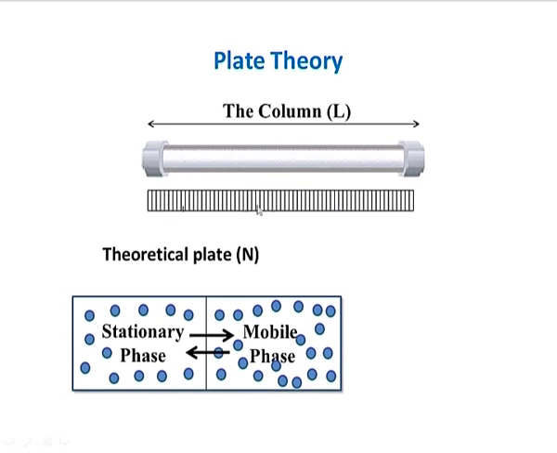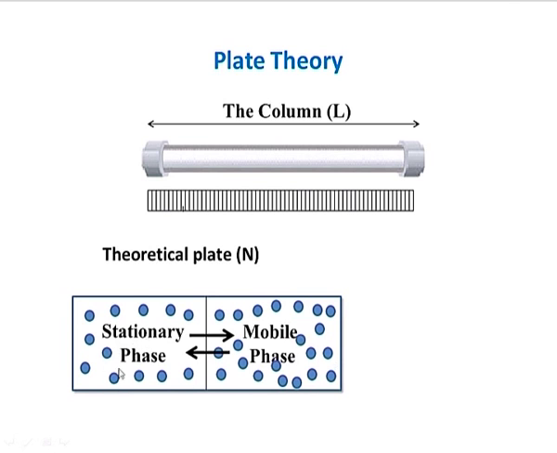Now, what do I do here? Let me zoom into one such segment, any of these segments, and I bring it in here. Now, what do I see in any of such segments? I notice that in each segment your solute is trying to align and distribute or partition itself between stationary phase and mobile phase.